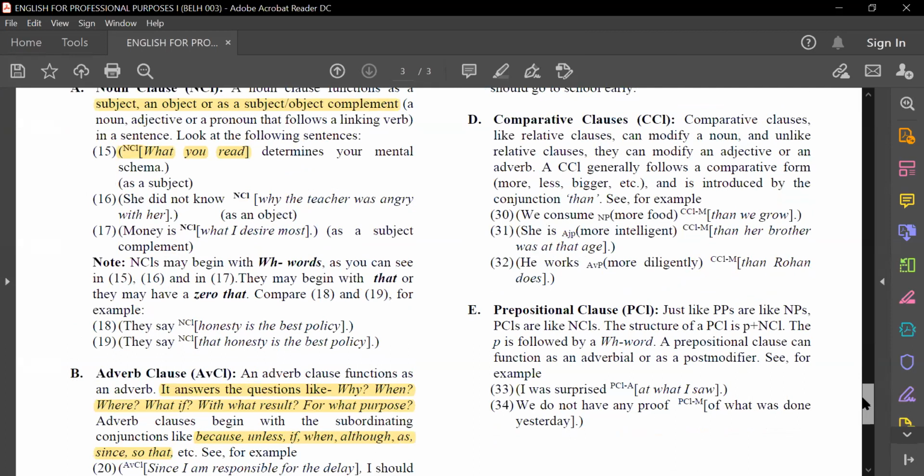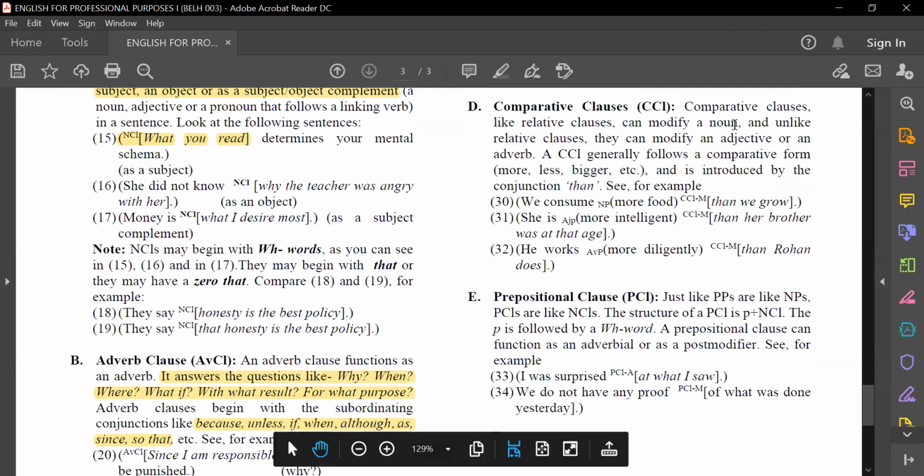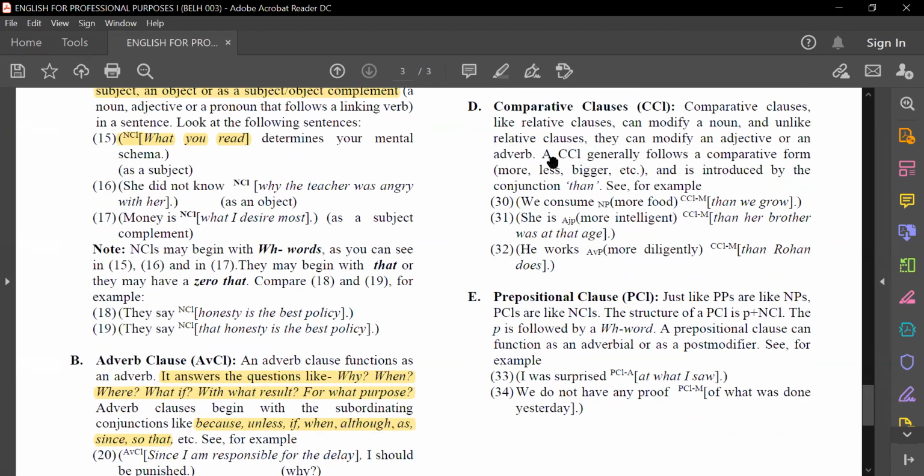Okay. Now talking about comparative clauses. So as the name again suggests, comparative clauses compare basically two clauses. So similar to relative clauses, they can modify a noun, and they can modify an adjective or an adverb, which is not the case in the relative one.